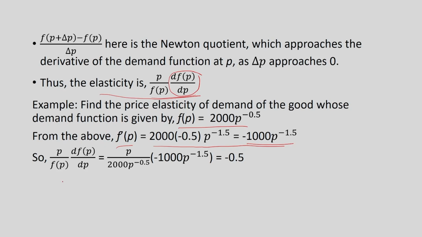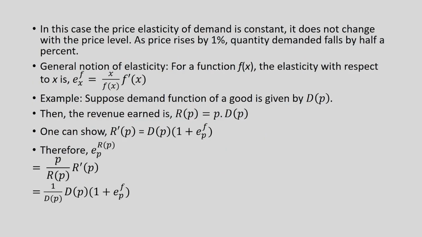So, I put this in the elasticity expression, and if I simplify this, actually it becomes a pure number, minus 0.5. So, it no longer remains a function of p, it is a simple number, minus half. So, in this case the price elasticity of demand is constant, but I must caution that this is not a general case. In many cases it could be a function of p.